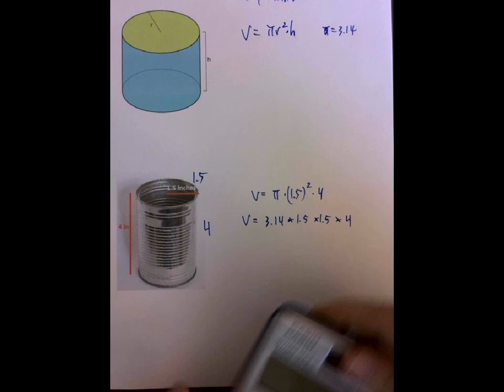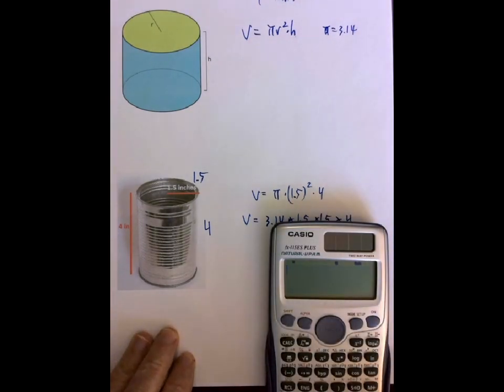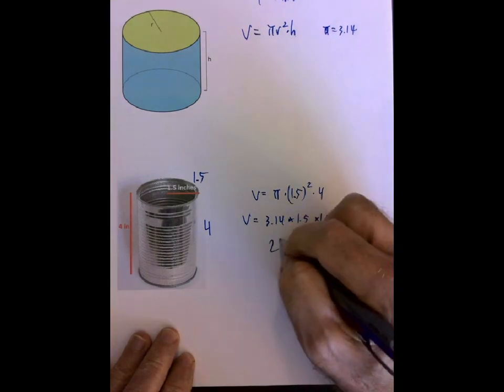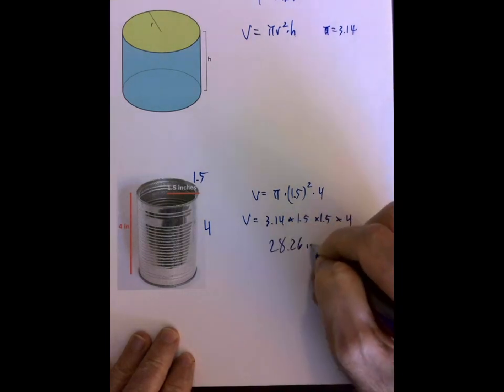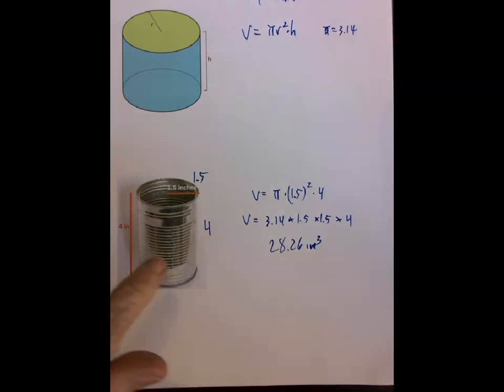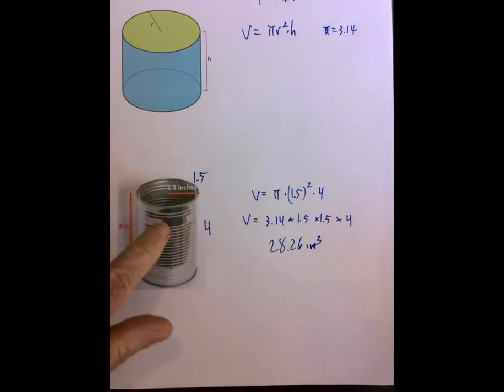Then on Mr. Calculator, 3.14 times 1.5 times 1.5 times 4 is equal to 28.26 cubic inches, because volume is always cubic units, and the can was measured in inches.